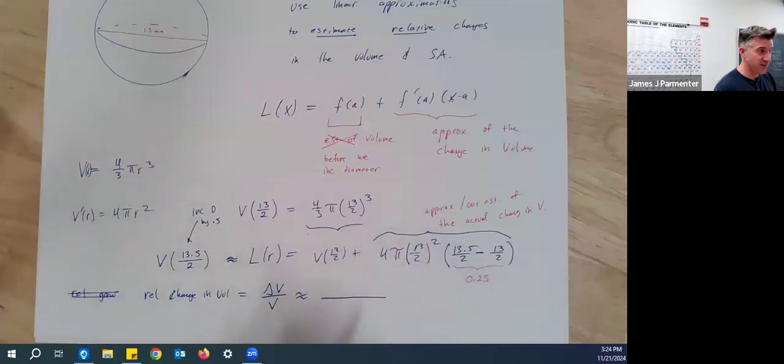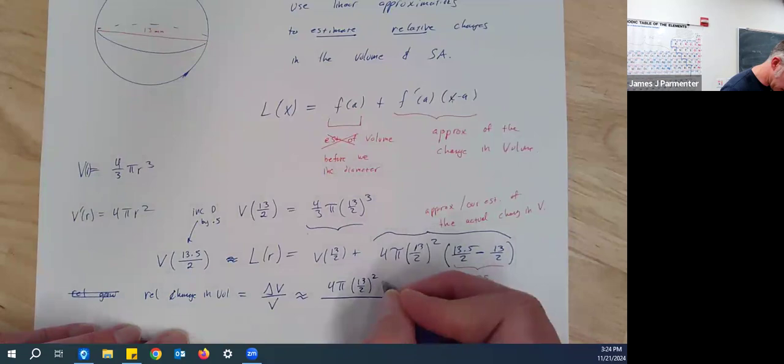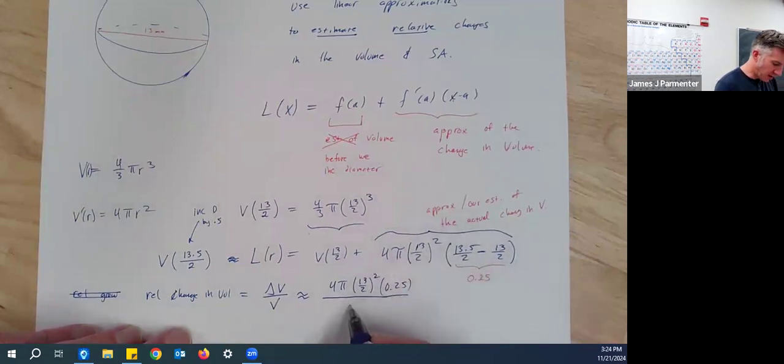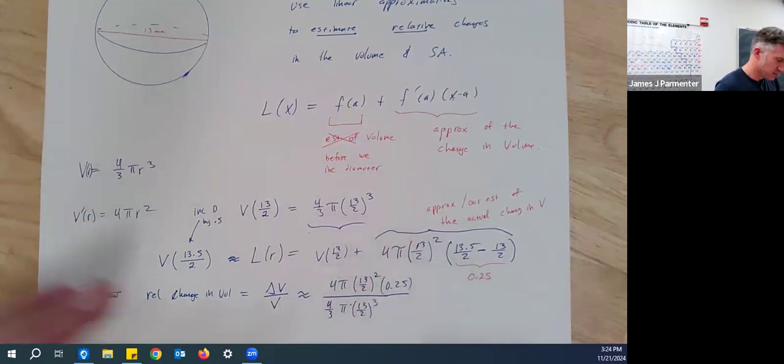By the way, there's a reason why I haven't multiplied any of this out, aside from the fact that it's just not nice. 4 pi times 13 over 2 squared times 0.25 divided by the actual volume, which is 4/3 pi times 13 over 2 cubed.